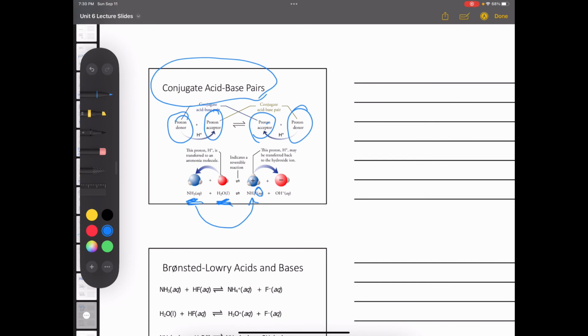So we can tell a hydrogen proton has been added. The fact that the ammonia has accepted the proton will evidently make the water the hydrogen ion donor, and that would make the ammonia the acceptor.